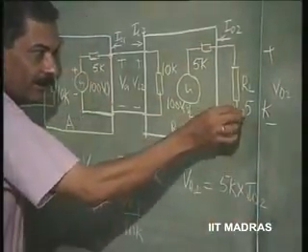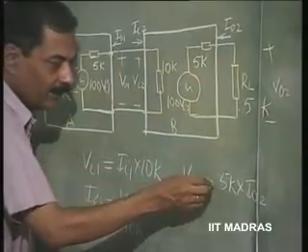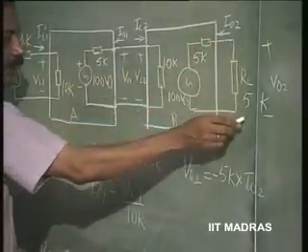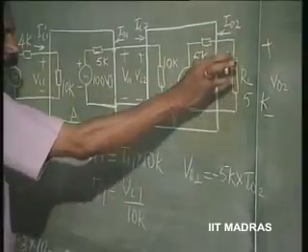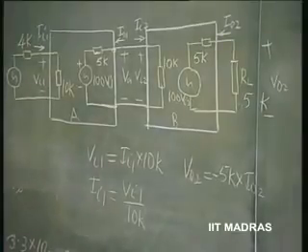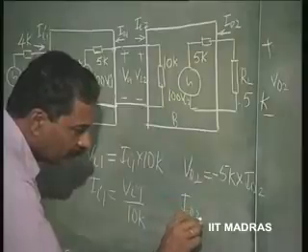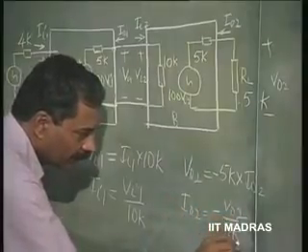Now, this is plus and minus, therefore, there is going to be a negative sign, really speaking. I have assumed this as positive and this as negative. If I say I naught 2 is flowing like this, it will develop a drop here, plus and minus. So, that is the meaning of the negative sign. So, I naught 2 is equal to minus V naught 2 divided by 5K.